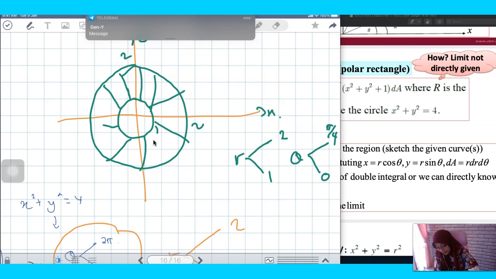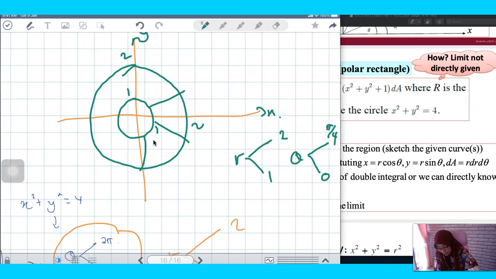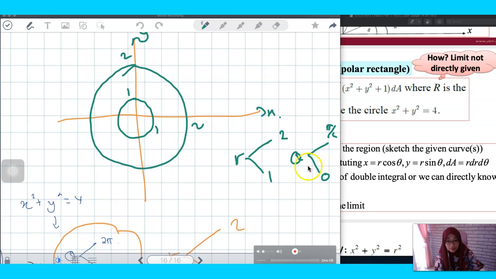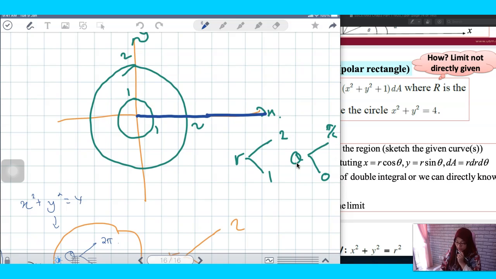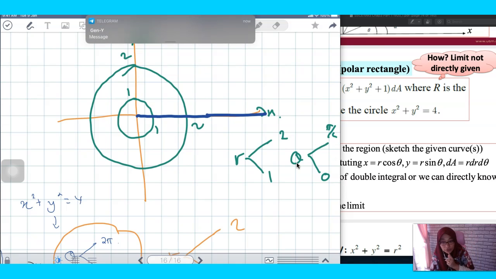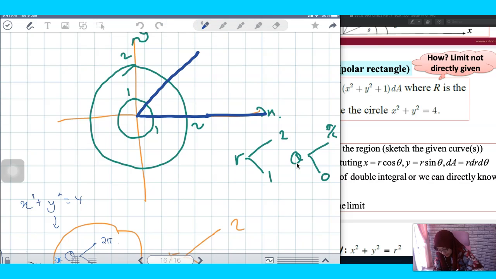So where is theta 0? What is the line of theta equal to 0? Theta 0 is this line, right? And where is theta equal to 45 degrees? You have the line over here where the size of the angle is pi over 4.